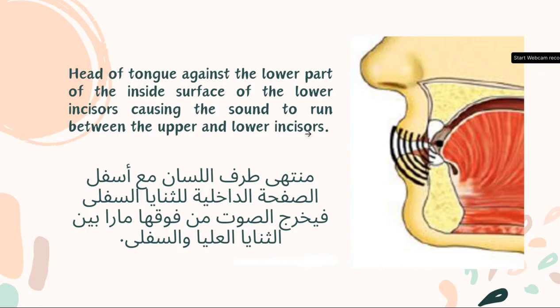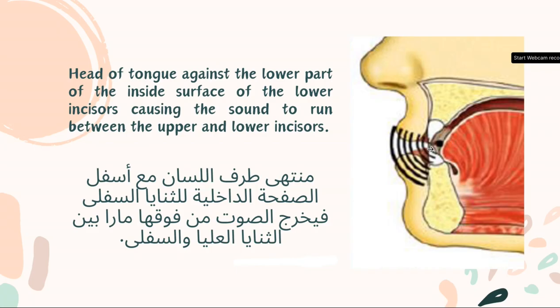So by doing this, there will be a very narrow path where the sound comes from the inside, flowing outside, going through this very narrow path that is created by placing the tongue here.